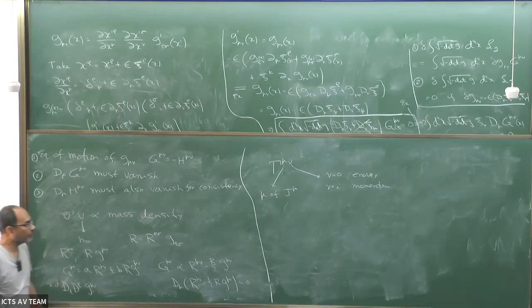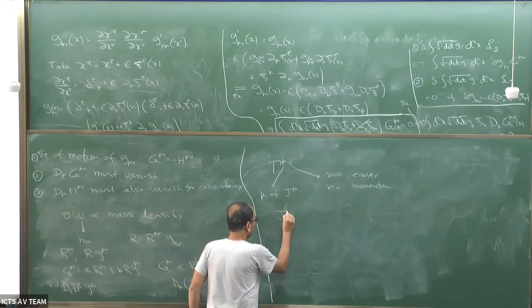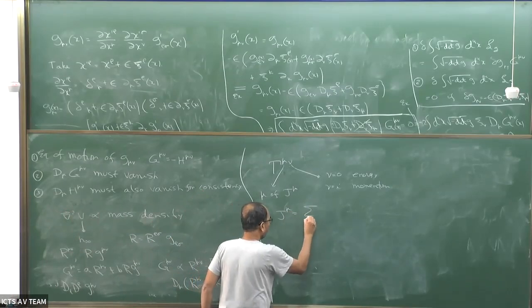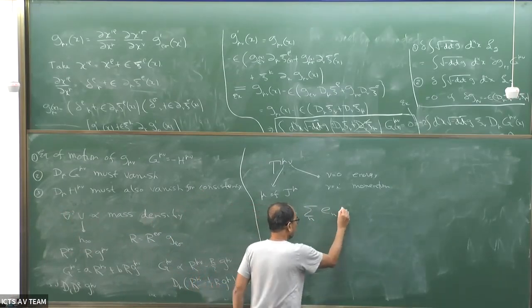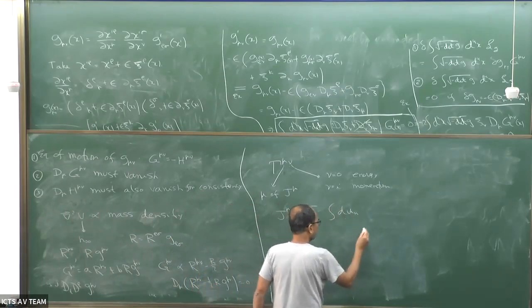Okay. So now I'm going to write down an expression for T mu nu. Let me remind you that J mu was given by a sum over n of e_n. I'm going to write this in a slightly different way.